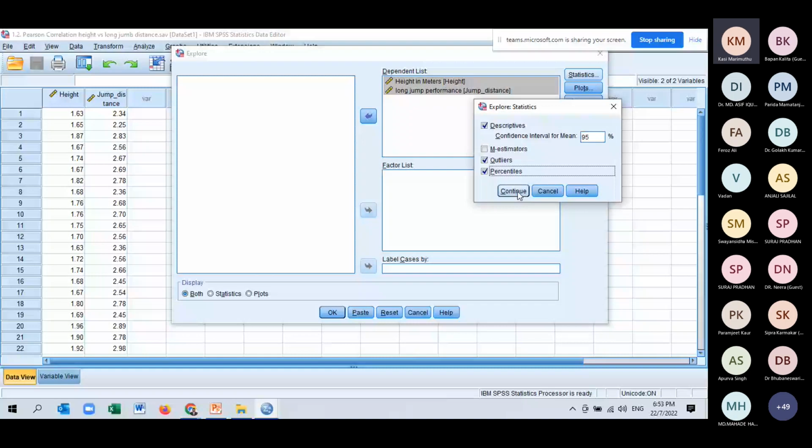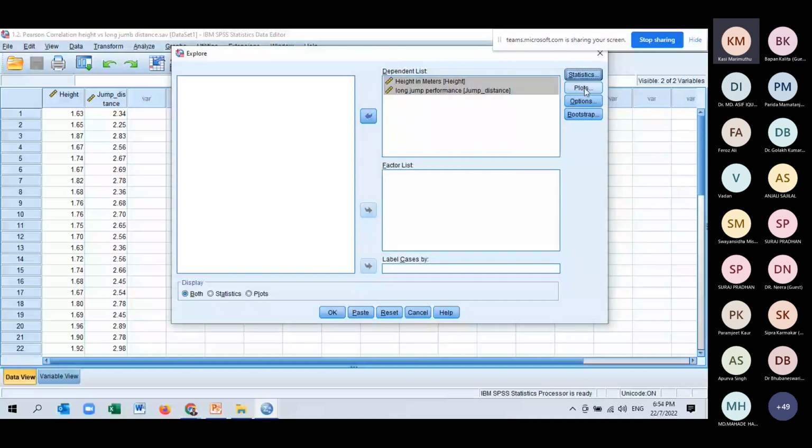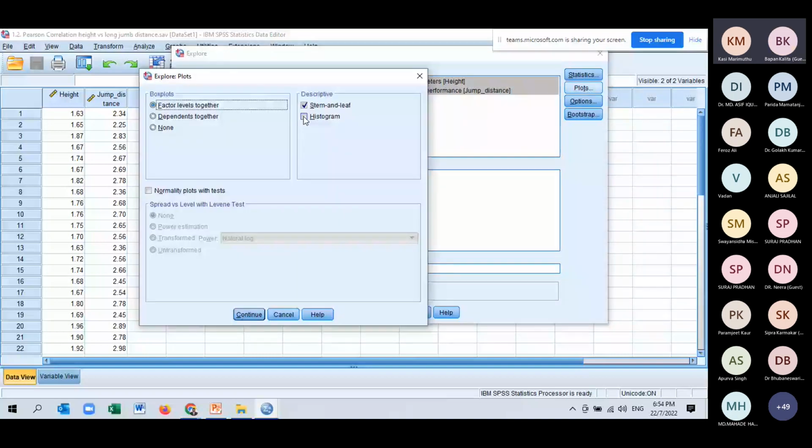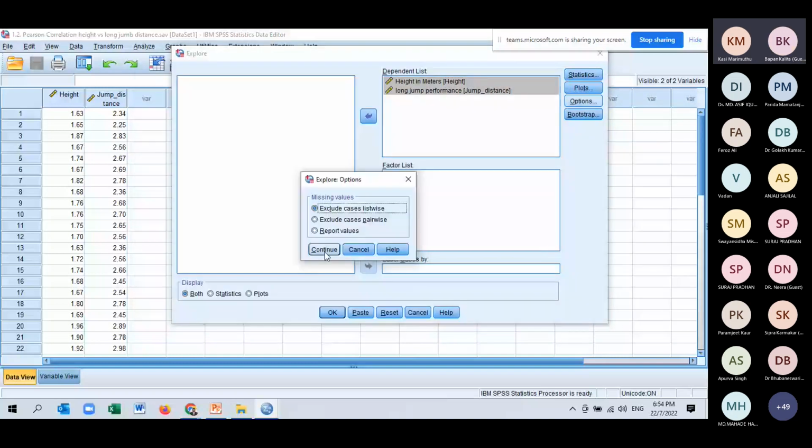At least we have some idea. Then Plots: choose Histogram and Normality plots with tests. Continue. Options: we do not need anything there, just continue and click OK.